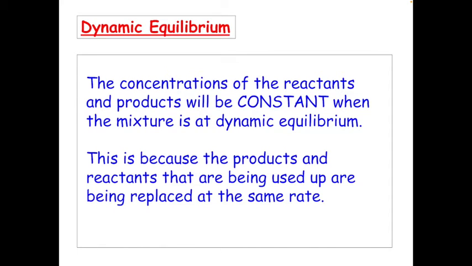It might look as if the reaction has stopped because the concentrations are not changing. However, the reaction has not stopped. The products are constantly being changed into reactants, and the reactants are being changed into products. And the rate that they're being used up, they're being replaced at the same rate. So it looks as if it's stopped, but the reaction is constantly going at the same time.